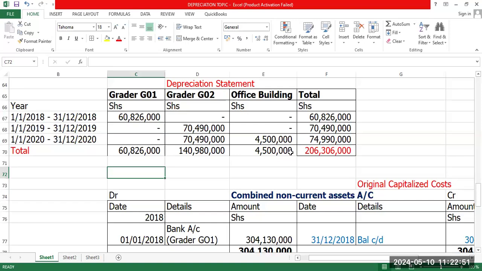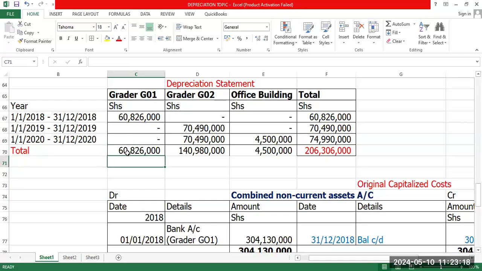Because we cannot pick this value again. However much this value is the same as this, next time you may find that you have depreciation for grader 2, you have depreciation for office equipment, and this value will change because here we are just getting this plus this plus this. But here you're actually adding depreciation for a specific asset.